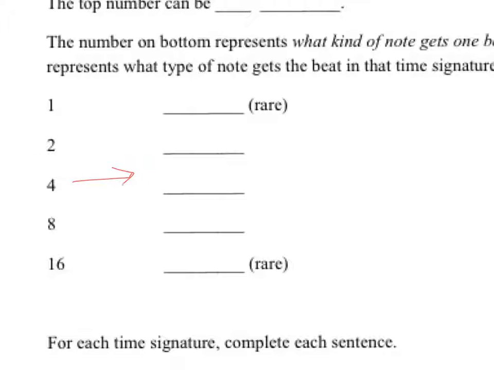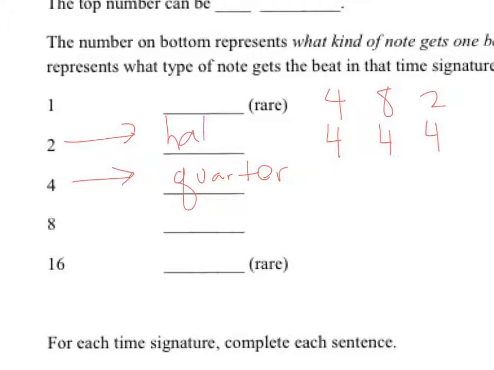When the bottom number in a time signature is 4, the quarter note gets one beat. Regardless of what the top number is, if the bottom number is 4, the quarter note gets one beat. If the bottom number is 2, the half note receives one beat.